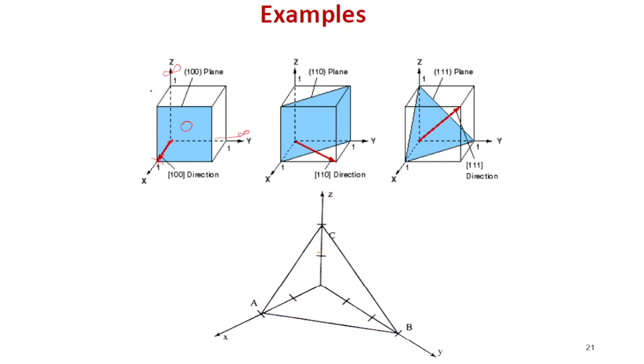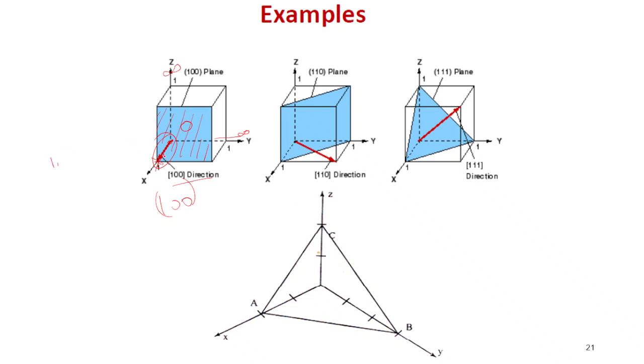So as in the previous case, we took the reciprocal and brought the answer to 100, right? If we find a 100 plane, it will most probably or always look like this. But if it is a 100 direction, it's a different story. From the origin, for directions we have to take the second coordinate first.